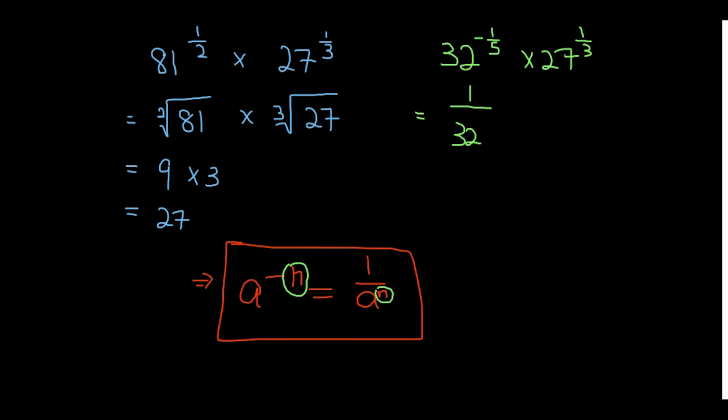When you use this rule, if this is 32 to the power of negative 1/5 here, when you drop it down, it becomes 32 to the power of 1/5. Because n is your power, n is whatever is the numerical value. The negative sign, we dealt with it when you did the reciprocal. Making sense?